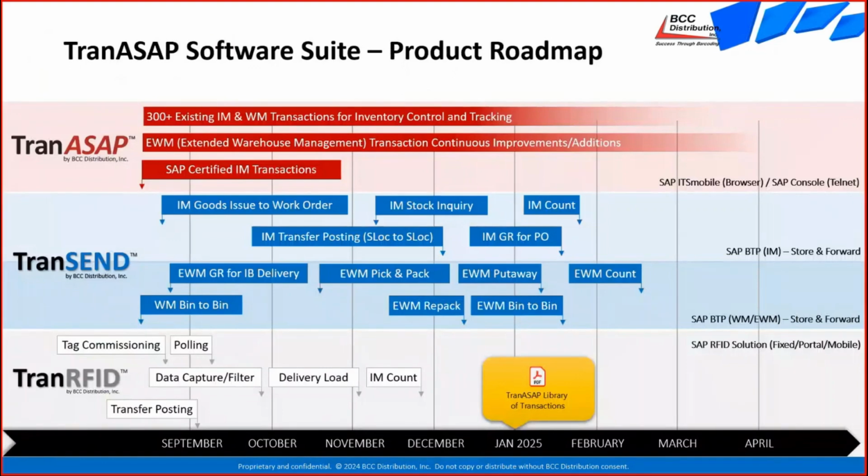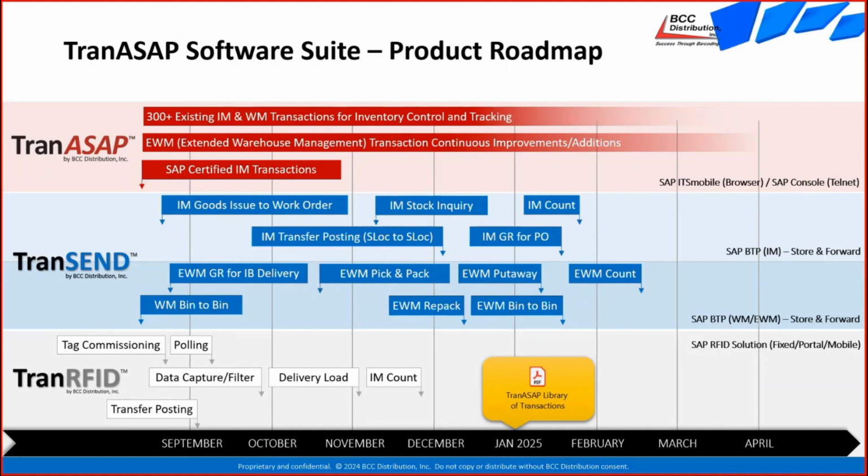So we're getting close to the end of our presentation here, but I think we have like two or three slides left. But for those who are familiar with our TrainASAP products, you've got the library of 350 transactions now. So to give you an understanding of where our product roadmap is, there's a couple of points I wanted to make in addition to showing you this graphic on the screen here.